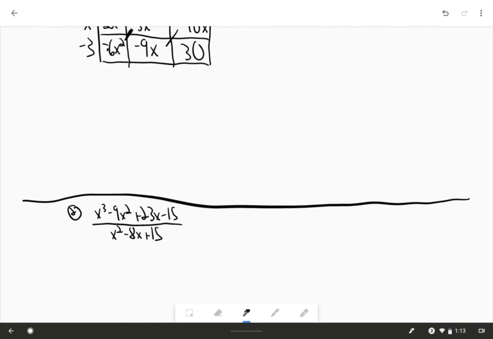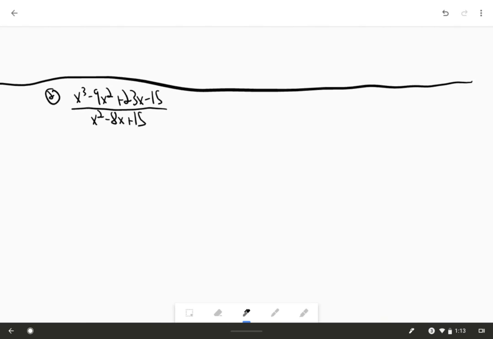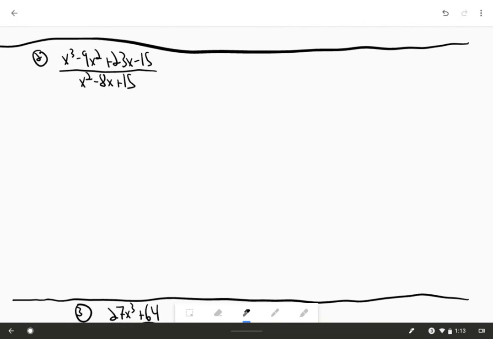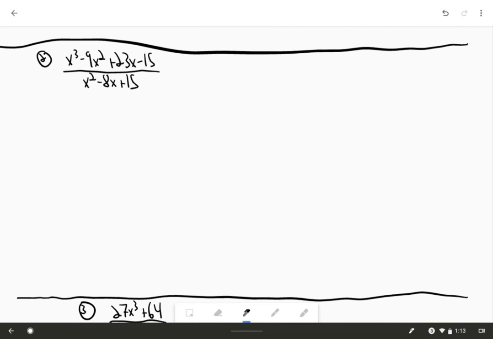Let's look at number 2 now. Notice I have a trinomial in the denominator. That's why I wanted to do this, which means I'm going to need 3 rows when I set up my box.